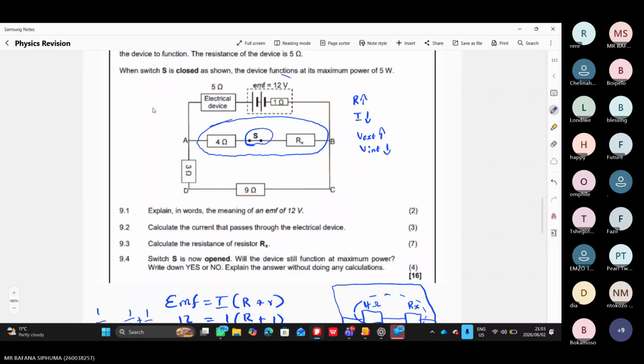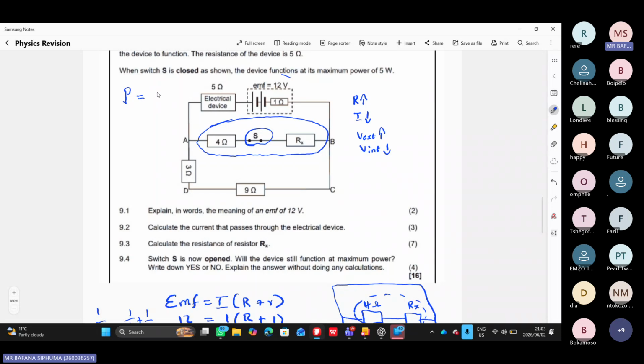So when you go and check the formula for power, will the device still function at its maximum power? Yes or no? You write the formula of power. How many formulas do you have?